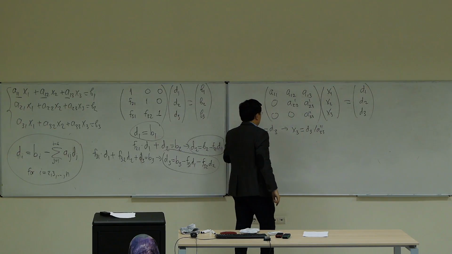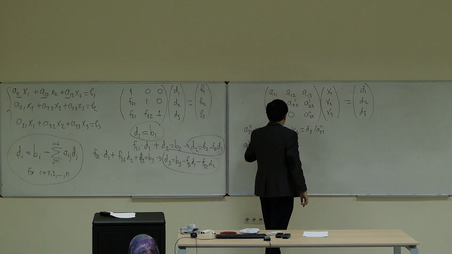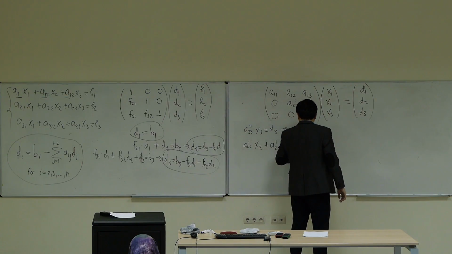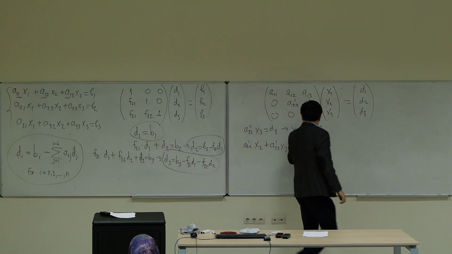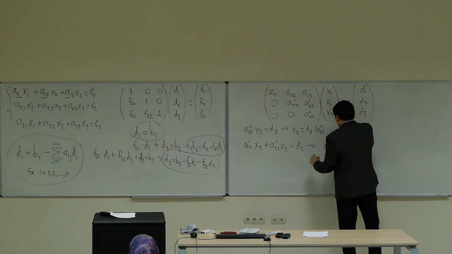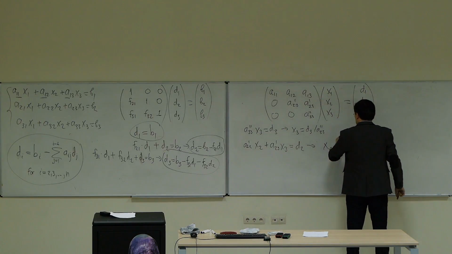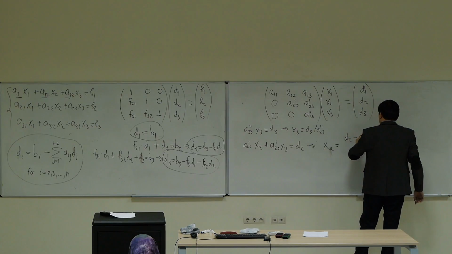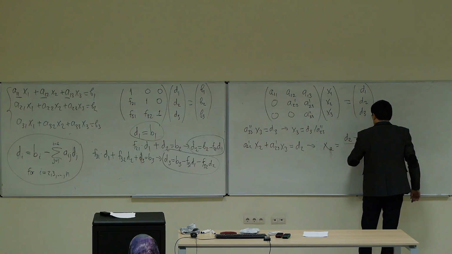A2,2 prime x2 plus A2,3 prime x3 is equal to d2. x2 then is just d2 minus A2,3 prime x3 divided by A2,2 prime.